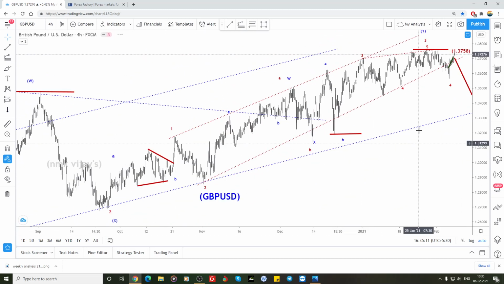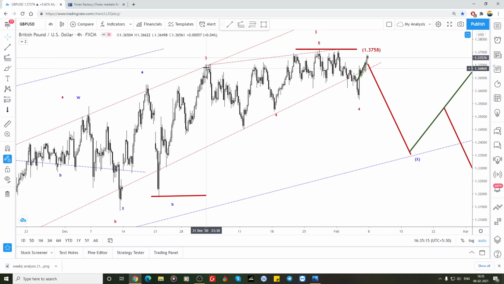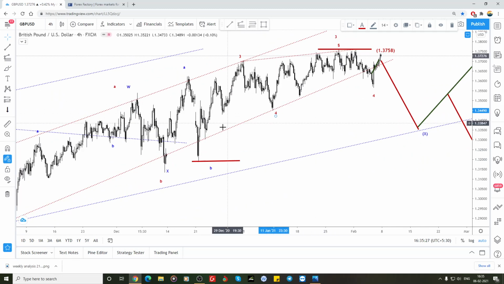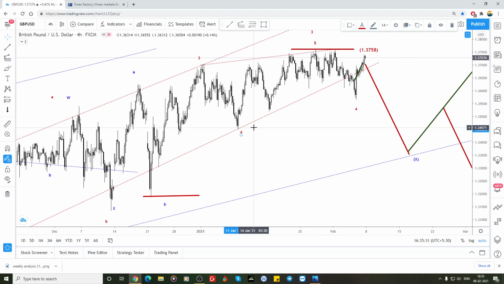So next, what will be that? As of now, what I said, this could be a fourth wave, meaning 1, 2, 3, 4, 5. This could be the end of the trend. But one thing you need to know is whether we are already using this as a diagonal pattern. Once the fourth is completed here, A, B, C is over.